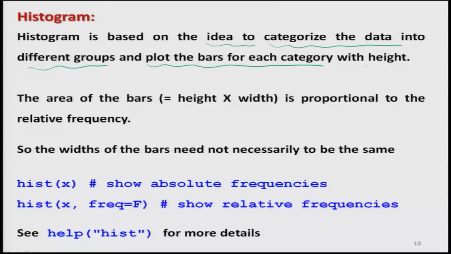The difference between the bar of a bar chart and the bar of a histogram is this. In a bar chart, the height of the bar is proportional to the absolute frequency, but in a histogram the area of the bar is proportional to the frequency. That is what you have to keep in mind, and the area of the bar is height times width.